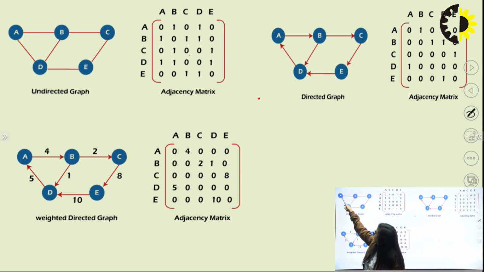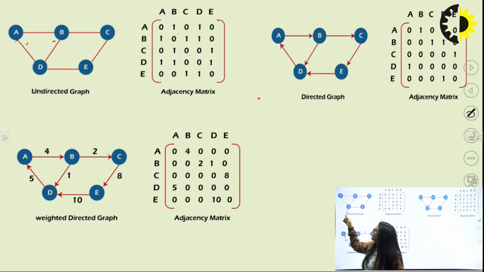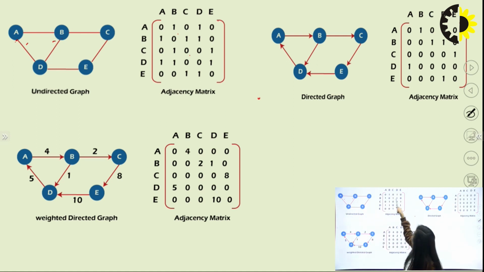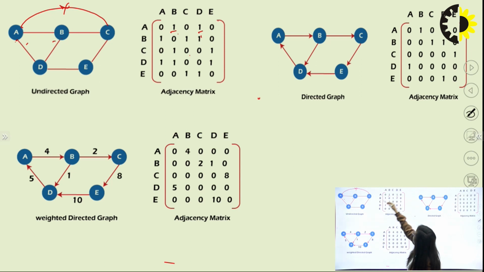For example, can A move to B easily? Yes, so write 1, and A's adjacent node is D, so write 1. Remaining ones you can check here. Can you move from A to C? No, because there is no direct path, so you write 0 for A to C. Like this.